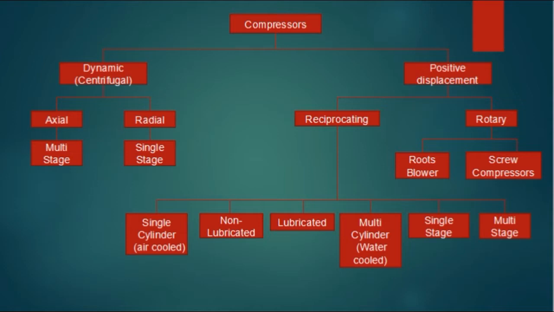For positive displacement, there are two: reciprocating and rotary. For rotary, they have roots blower and screw compressor. Under reciprocating, there are six types: single cylinder, non-lubricated, lubricated, multi-cylinder, single stage, and multi-stage.